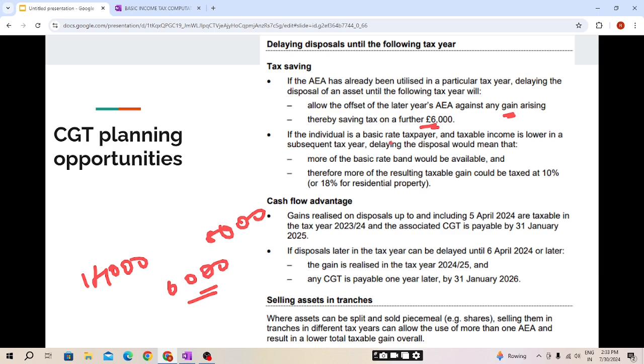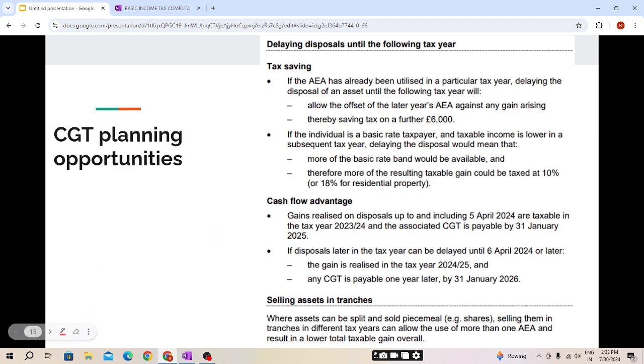If the individual is a basic rate taxpayer and taxable income is lower in subsequent years, delaying the disposal would mean that more of the basic rate band would be available and therefore more of the resulting taxable gains could be taxed at 10% or 18% for residential property.